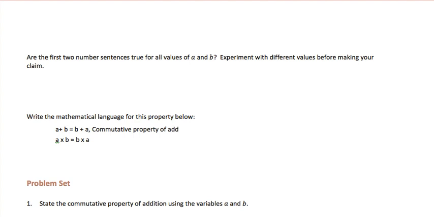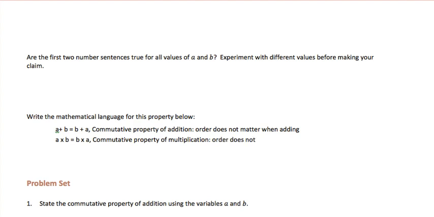The first one is of addition. Order does not matter when adding. And the second one is the commutative property of multiplication, which states that order does not matter when multiplying.